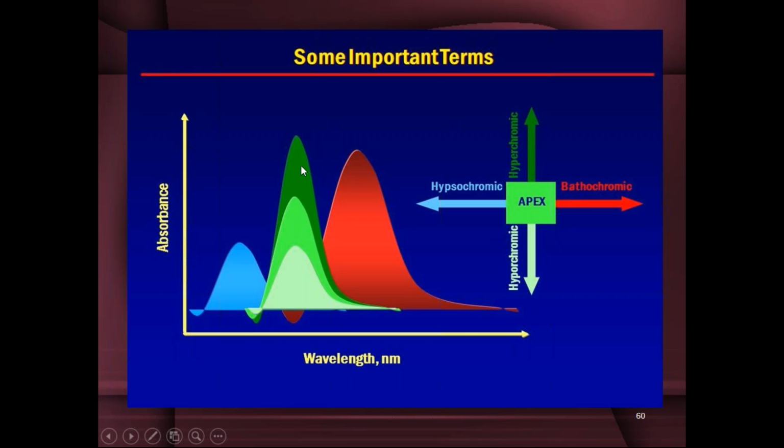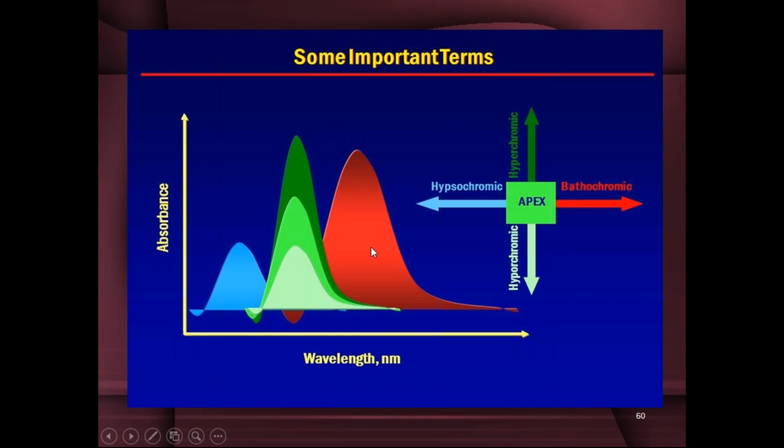Then this also happens in certain cases. We will see those examples. And sometimes there is a decrease in the intensity of the absorption peak. That is the hypochromic shift, the white one. So here we see the different types of shifts that happen.